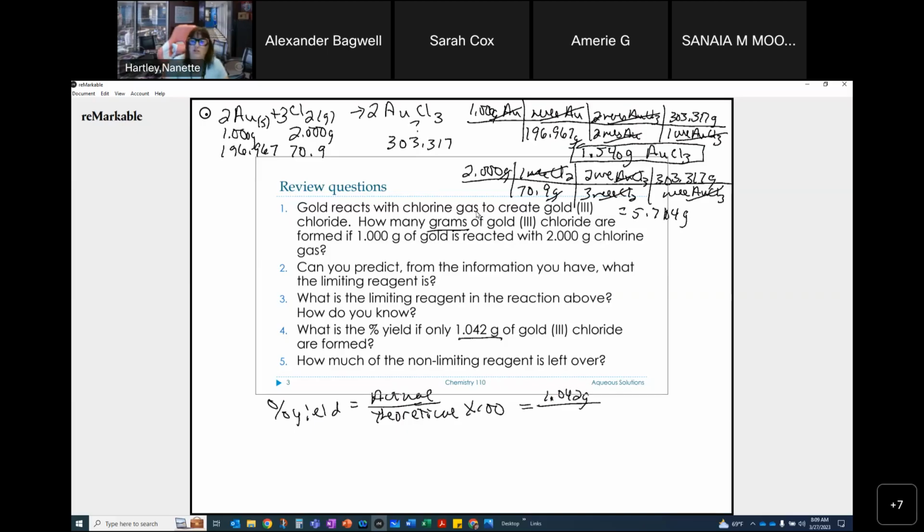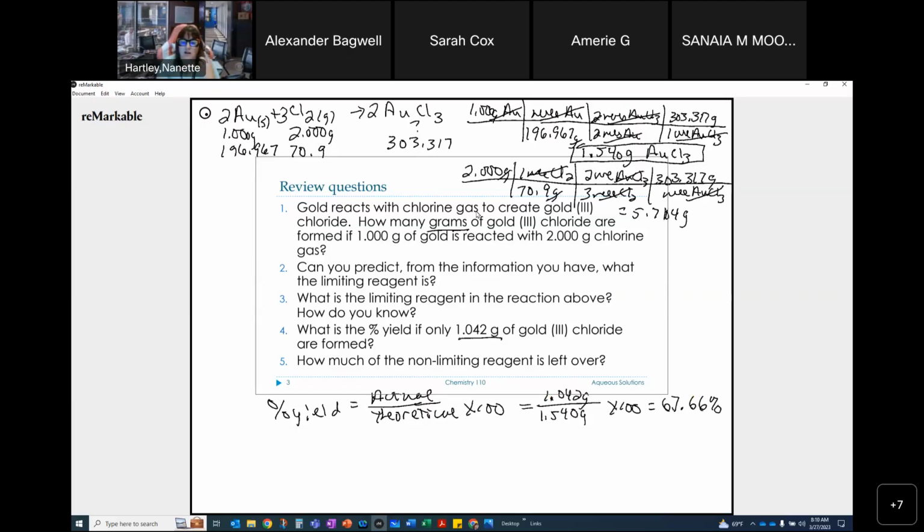My theoretical yield is what I calculated, 1.540 grams, and I multiply that by 100. 1.042 divided by 1.540, and that gives me 67.66%. 4 sig figs in my numbers, so 4 sig figs in my answer.